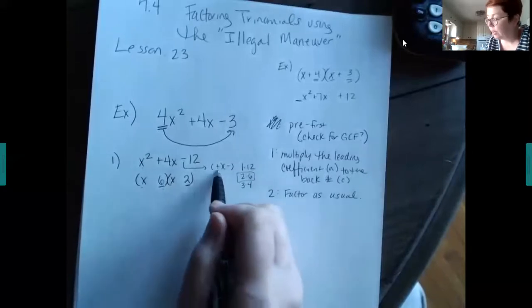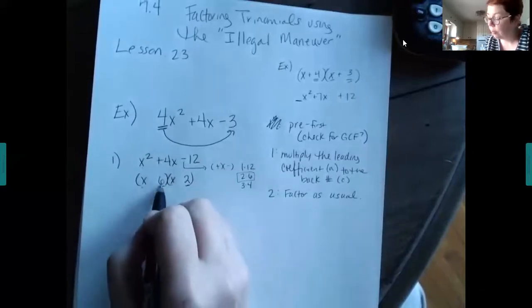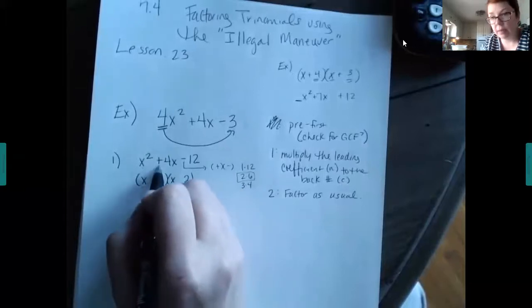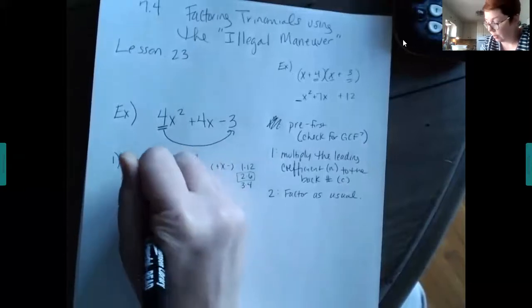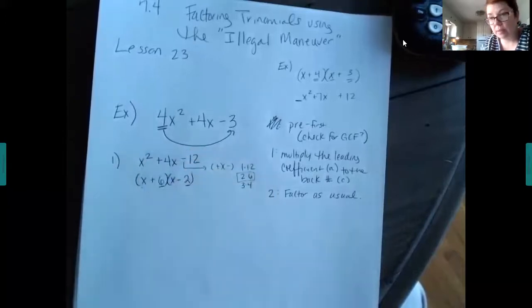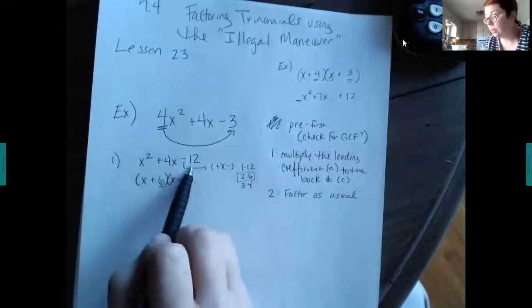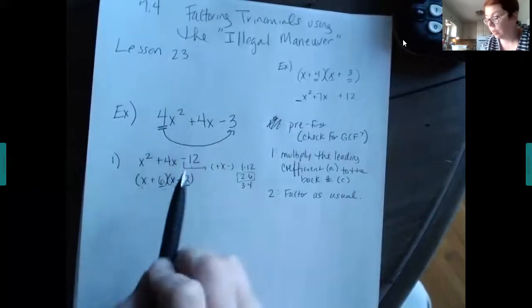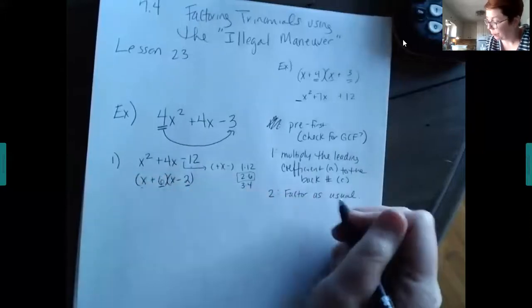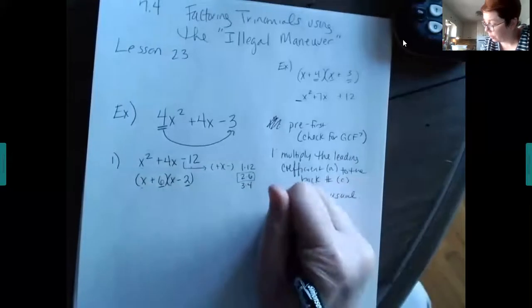Again, different signs: your bigger number, 6 is bigger than 2, takes the sign of the middle term. A positive 6 minus 2 gets us positive 4. Okay, now we're not done because this wasn't the original problem. This was. So this was step 2. Okay. We factored as usual.